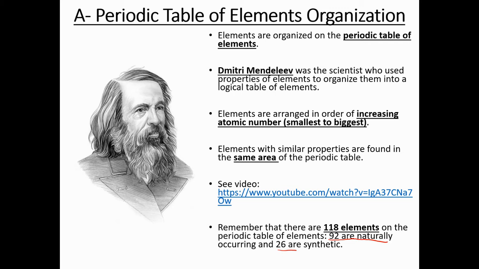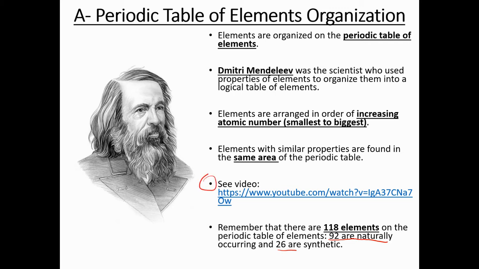Based on the area that he placed those elements, he could predict the mass, maybe how it might react, or what it might look like. If you want more information about that, just to see how amazing that work of science was, you could take a look at this video over here.